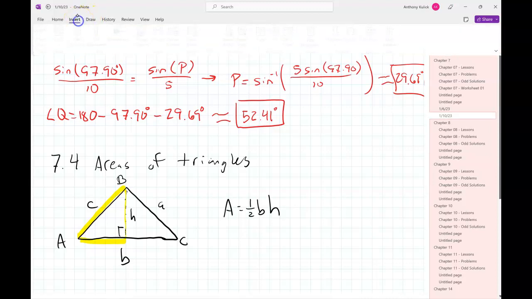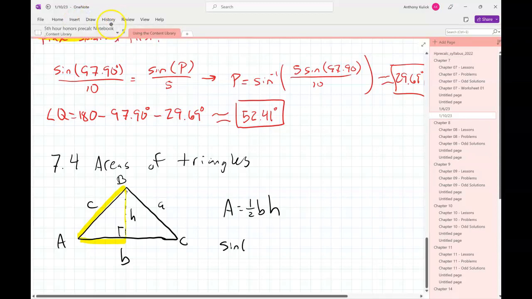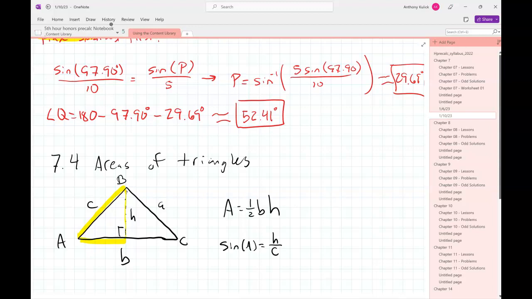So I can say something like sine of A is equal to opposite over hypotenuse. That gives me a formula. I can solve that formula for h by multiplying both sides by c.